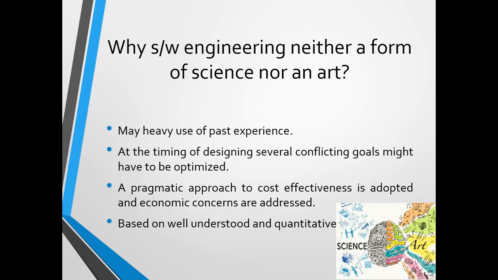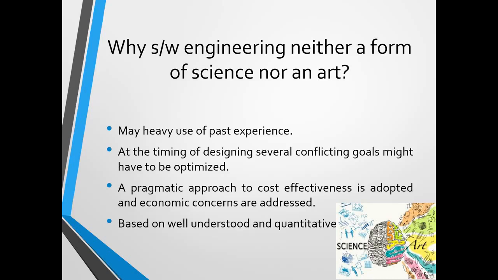Now we will discuss why software engineering is neither a form of science nor an art. Actually, the software engineering discipline is not classified as either a form of science or an art.